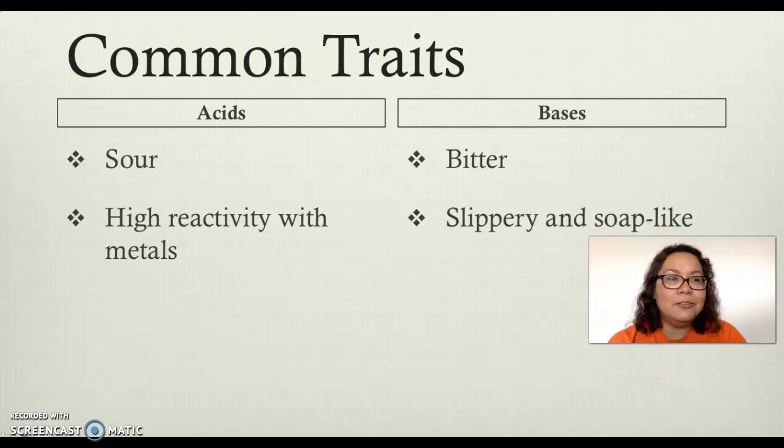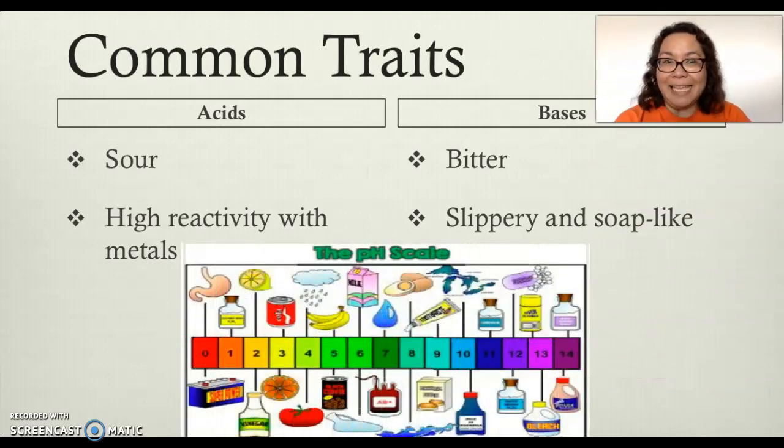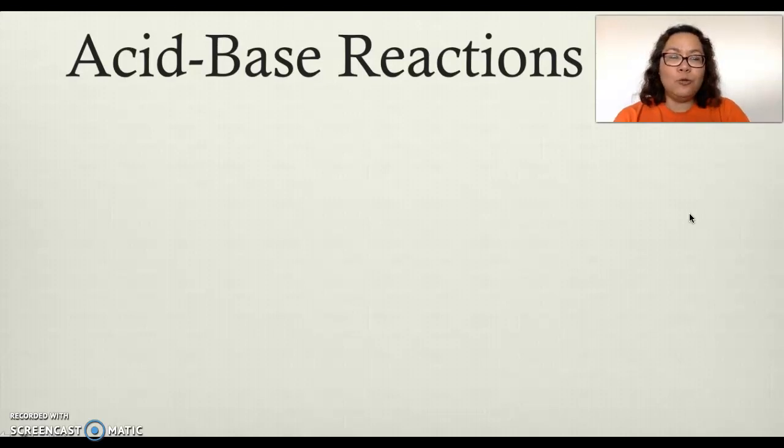Another way to tell numerically if this is an acid or a base will be on the pH scale. Anything less than a 7 is acid, this side over here. Anything more than a 7 is a base, this side over here, the right side of the scale. 7 is neutral.